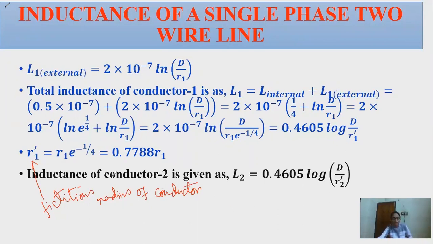Similarly, the inductance of conductor 2 can be written as L2 equals 0.4605 log D by R2 dash. In the same way, the inductance for conductor 2 can be written as the summation of the internal inductance and the external inductance.